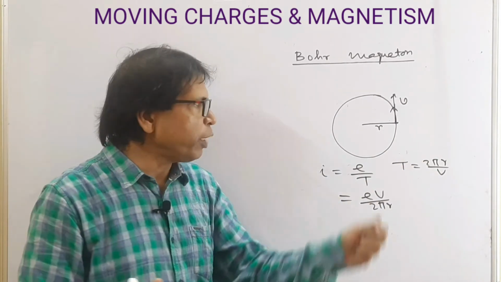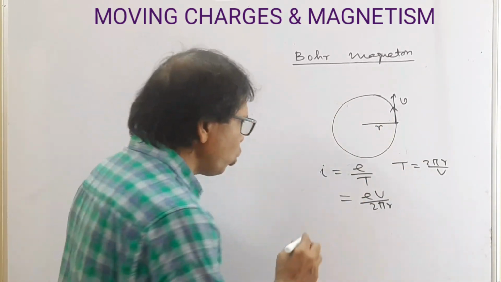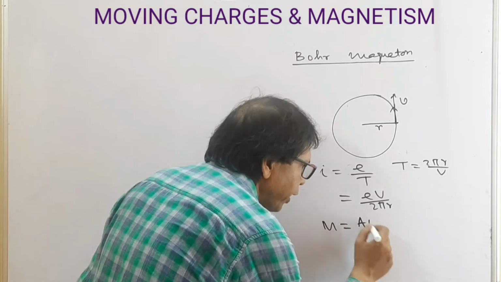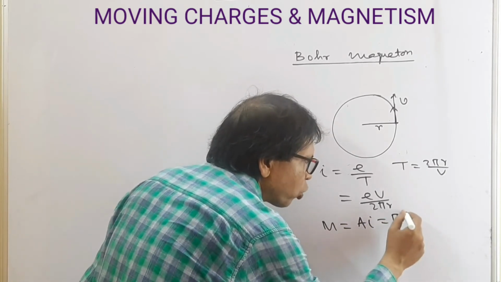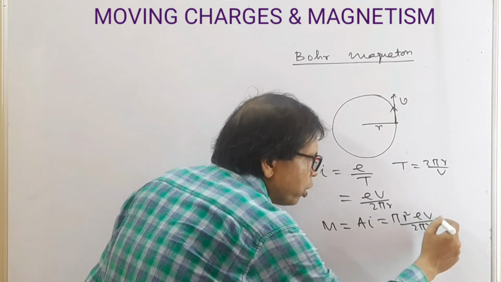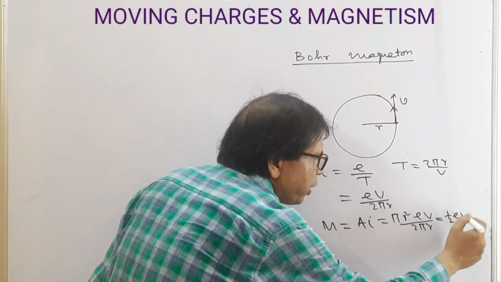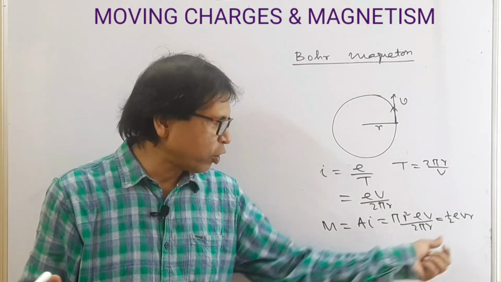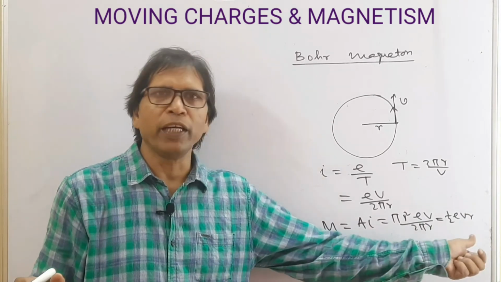Now the magnetic moment in the coil due to the orbital electron is m equals AI. A is pi r square and I equals ev by 2 pi r. So this is half evr. So the magnetic moment due to the orbital electron m equals half evr.